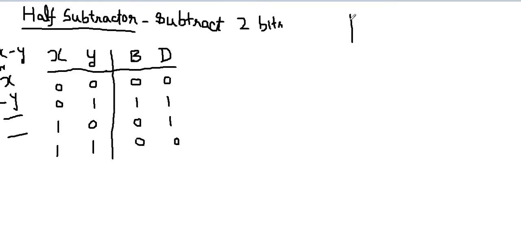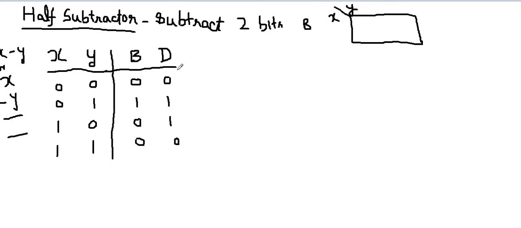To remind you, a Karnaugh map is just a rectangular box in which we place the ones, because we are going to evaluate the sum of products form of x and y. So we will write x here and y here. This is for B, which stands for borrow.